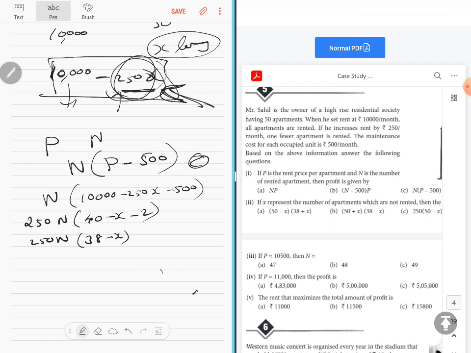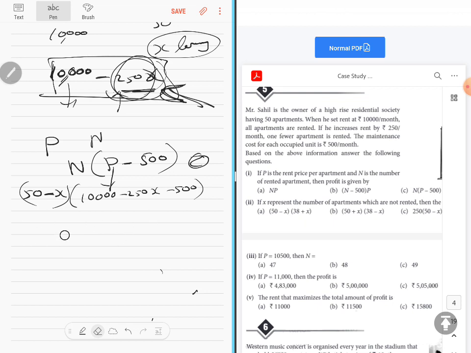This is the rent per apartment that you'll be receiving, considering that x people have left after x months. That can be substituted in place of P, and N is the number of apartments, which becomes 50 minus x. Initially it was 50, now it's 50 minus x.